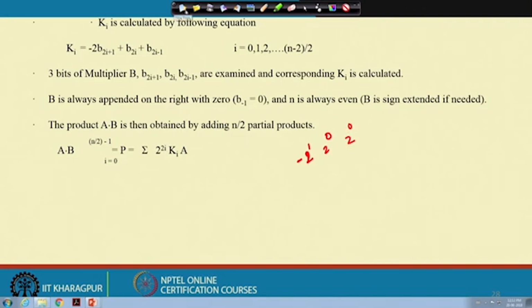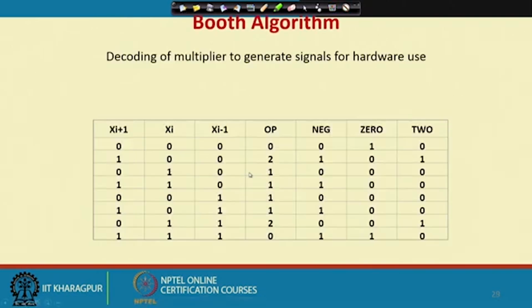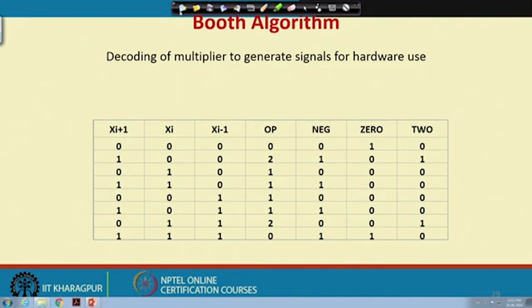Now, based on this, the recoding for 0 0 0 is that the operation is basically 0. This is the decoding technique using Booth's multiplier.